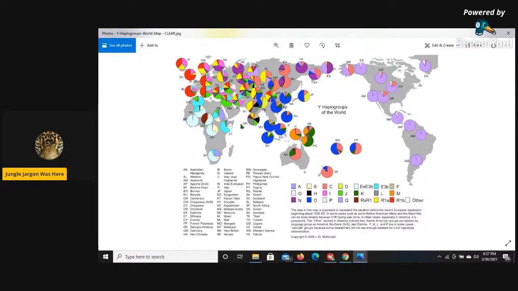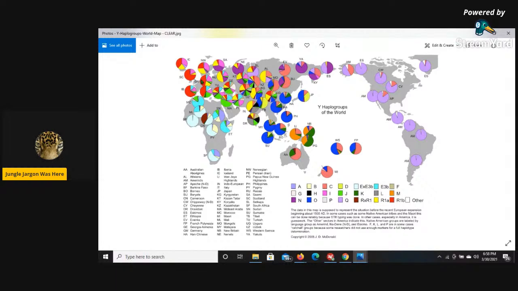And of course, you can see how there's a concentration of everybody in the area where the ark landed, and different families went different directions.